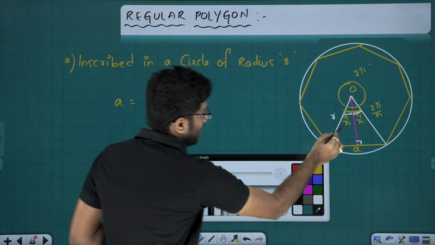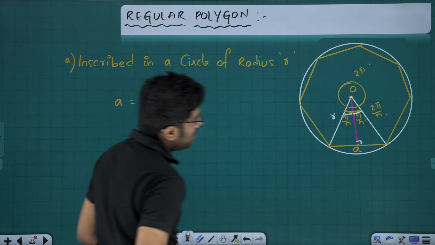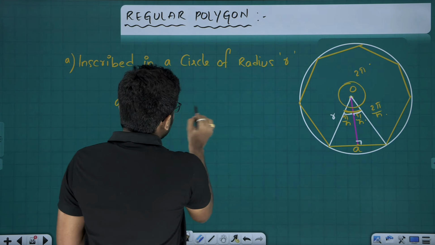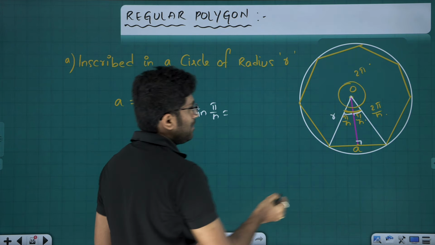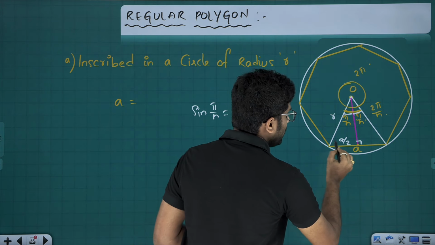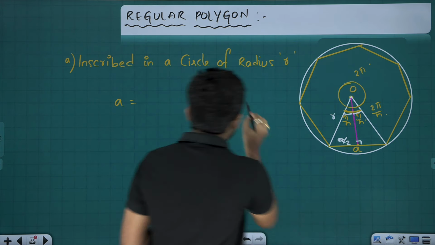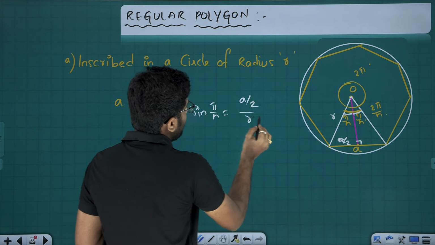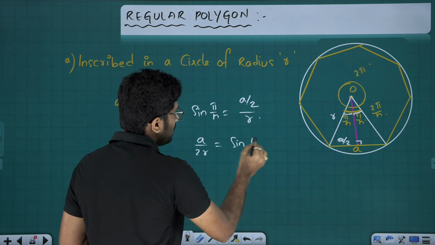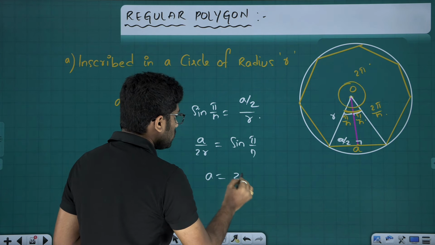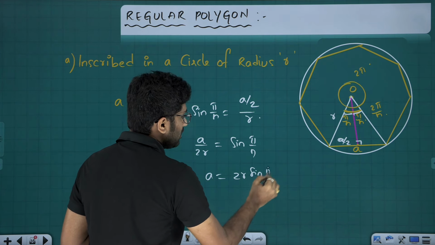Now from this triangle, if I use sine pi by n equals opposite over hypotenuse, the distance from here to here is a by 2, divided by r. So a by 2r is equal to sine pi by n. So a is equal to 2r times sine pi by n.